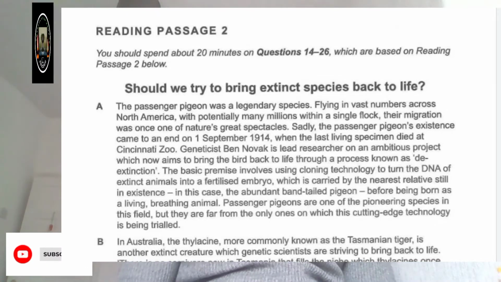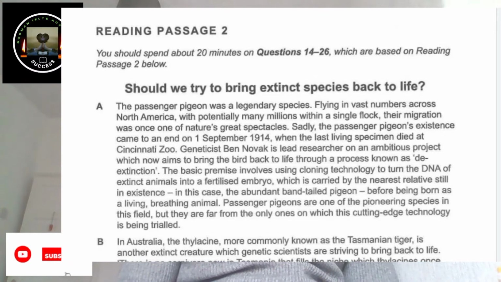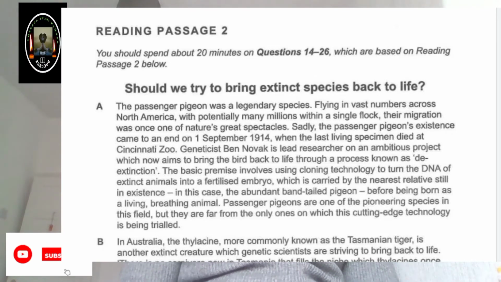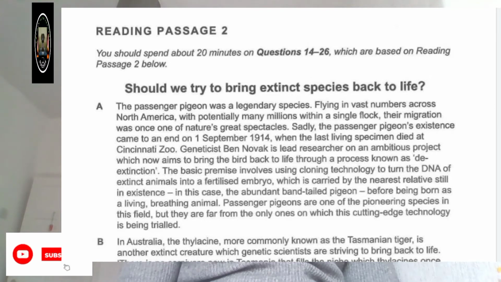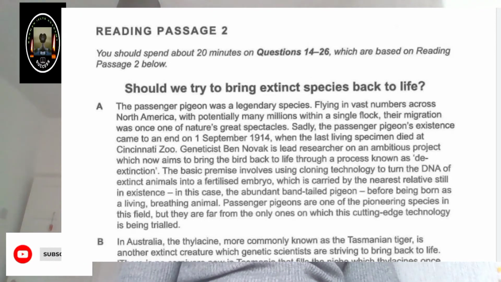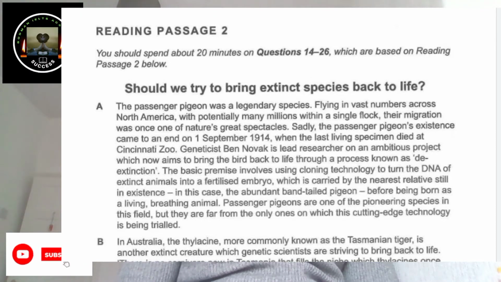The passenger pigeon was a legendary species. That's the first sentence in that paragraph. Flying in vast numbers across North America, with potentially many millions within a single flock. Their migration was once one of nature's great spectacles.